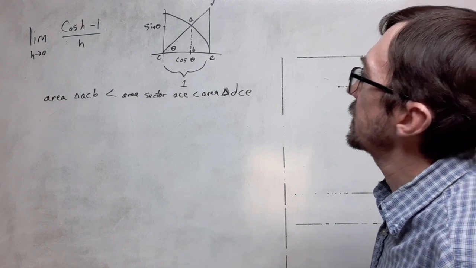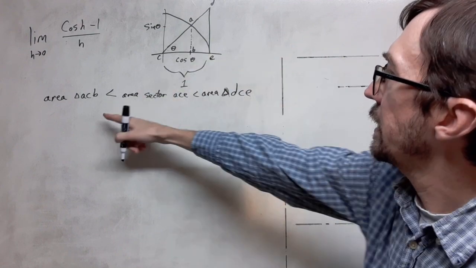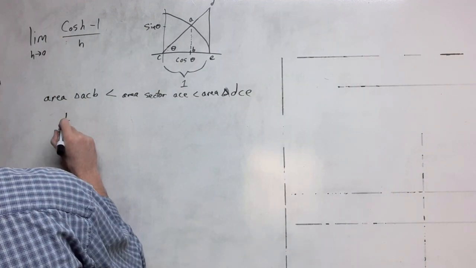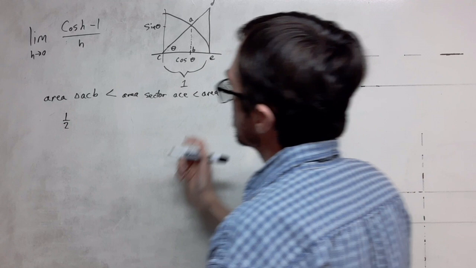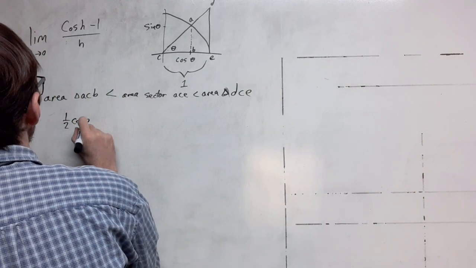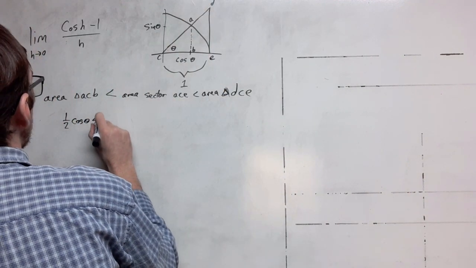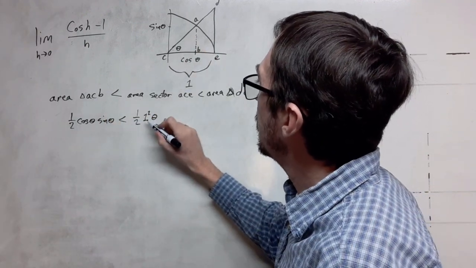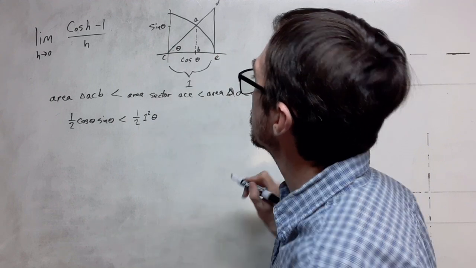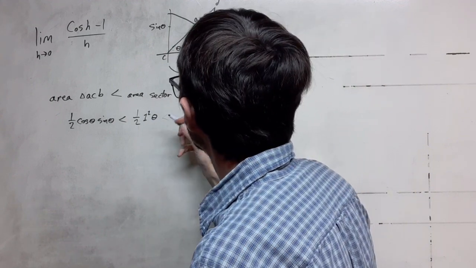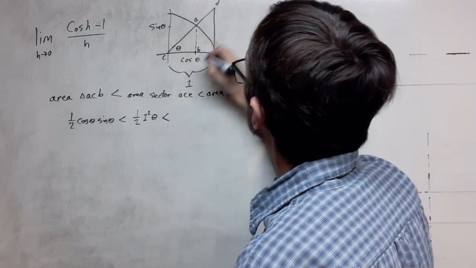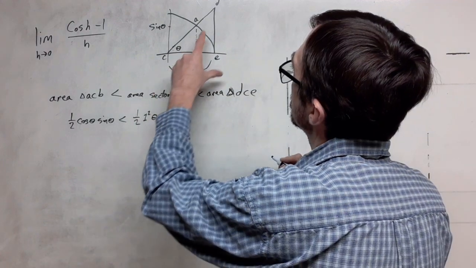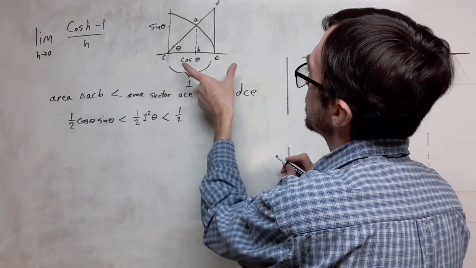And let's fill in some things. We know that the area for a triangle is 1/2 base times height. So this is going to be 1/2, the base is cosine, and the height is sine. The area for the sector is going to be 1/2 the radius squared times theta, and that is going to be less than this triangle out here, which is 1/2 of the base again.